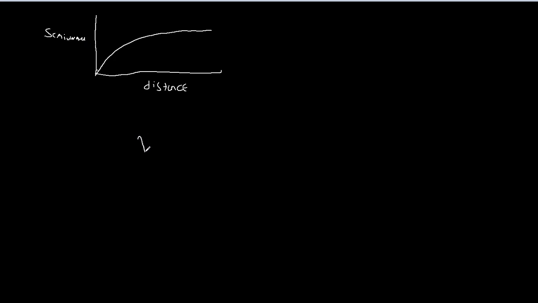You'll often see semivariance denoted with this wonky looking symbol, which almost looks like a Y. This is called gamma.